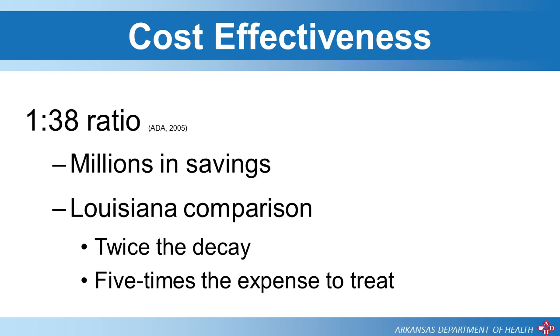In Louisiana, a study was conducted to compare restorative costs between fluoridated and non-fluoridated communities. The conclusion of the study showed children in the non-fluoridated community had twice the amount of decay, were 3 times more likely to be hospitalized for treatment, and those restorative costs were 5 times when compared to children in a fluoridated community.